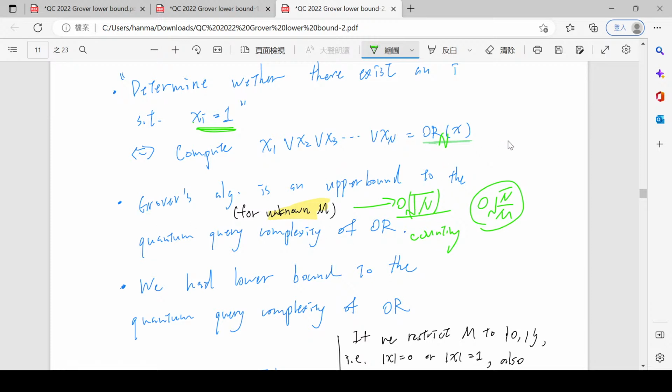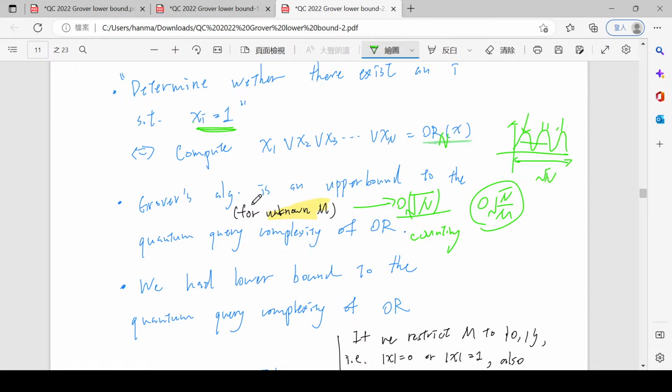Also, Grover algorithm has a success probability like this, and if you just pick a random point, then you will have a pretty good probability of getting it correct. Anyway, there are several ways you can do this order square root n for unknown m.